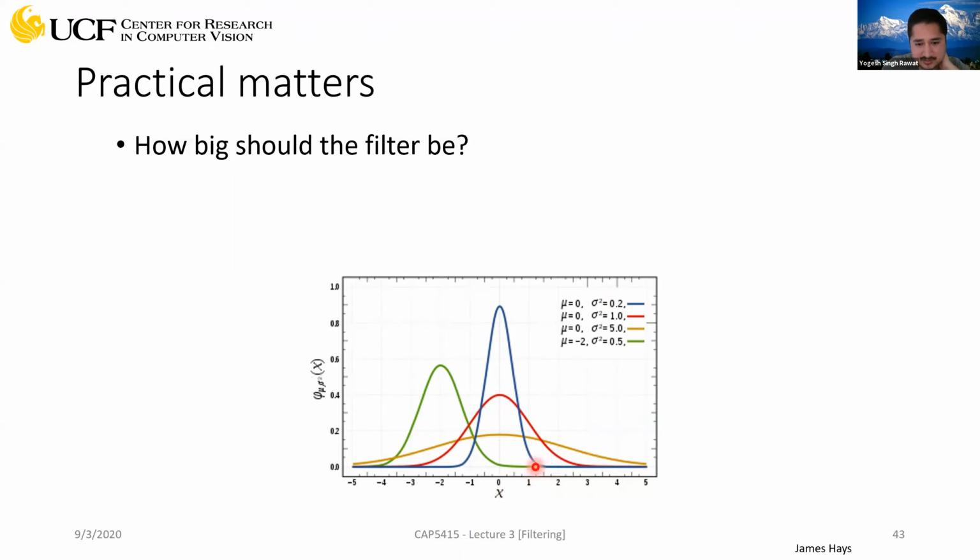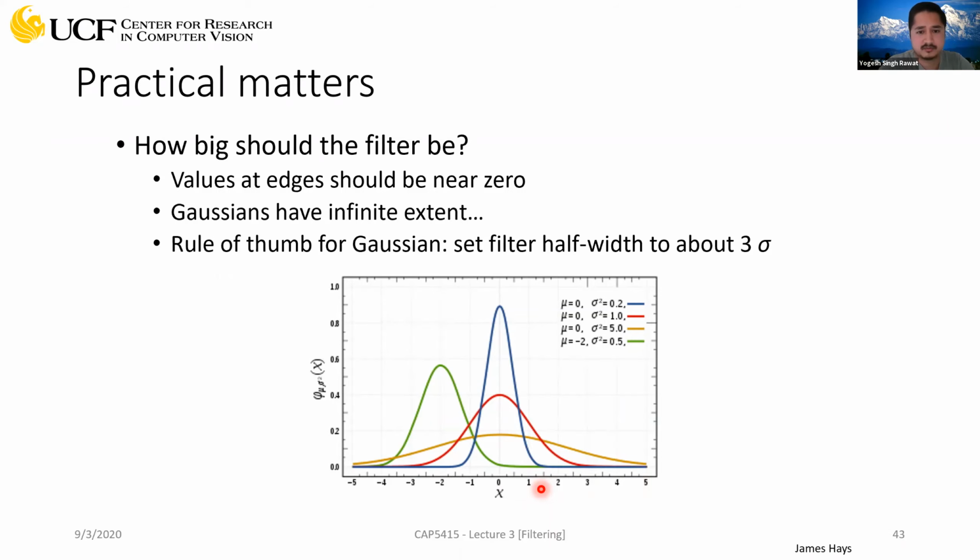So that's the exact same location. So the rule of thumb is that 1/2 of the kernel should be equal to 3 standard deviations if you're using a Gaussian kernel. So that's what we discussed. They are close to 0, and the half width of the kernel should be around 3 standard deviations.